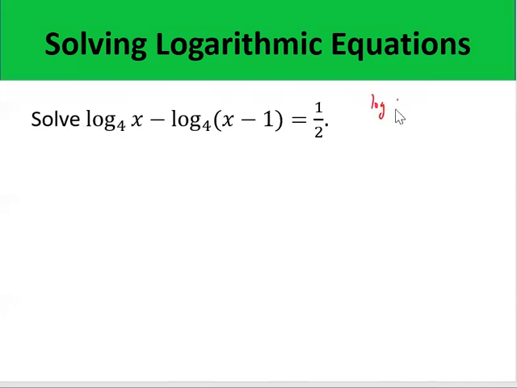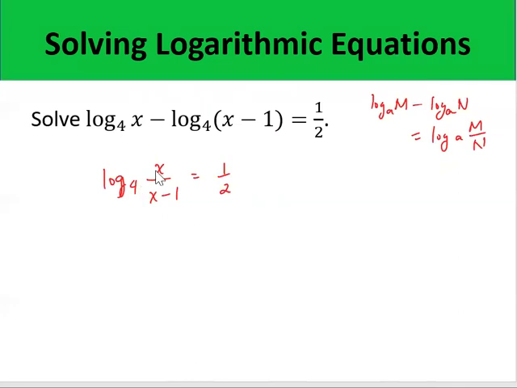If we recall, the logarithm of m to the base a minus the logarithm of n to the base a, we can write it as the logarithm of m over n to the base a. So the left side here can be written as the logarithm of x over x minus 1 to the base 4 is equal to 1/2.